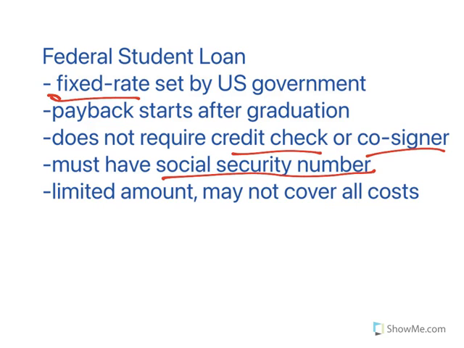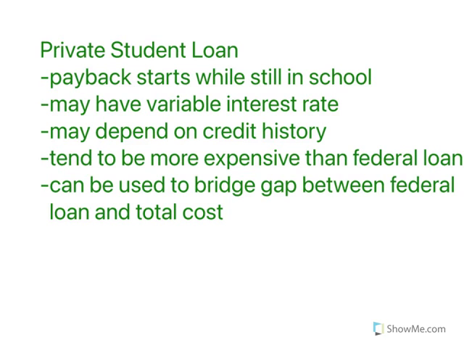And the big thing, maybe a problem, is that it is a limited amount. So you might only get $5,000 of a federal student loan, and your tuition might be $12,000. So you're going to have to find something to fill in the gap. That's the issue with federal student loans, that you don't get to request how much. They tell you how much you deserve based off of your financial need.